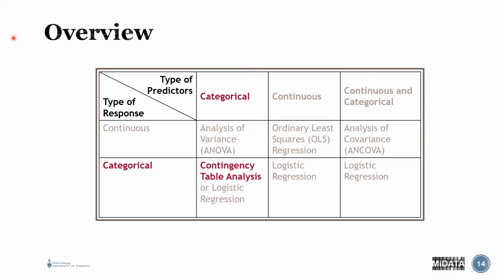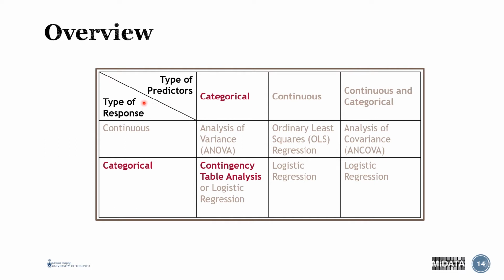Here's a useful table that I'm going to come back to many times throughout this course because it's a nice overview of what we cover in this course. As columns, we have the type of predictors or explanatory variables or independent variables, however you wish to call them. And this, we have categorical data, we have continuous data, and we can have continuous and categorical predictors together.